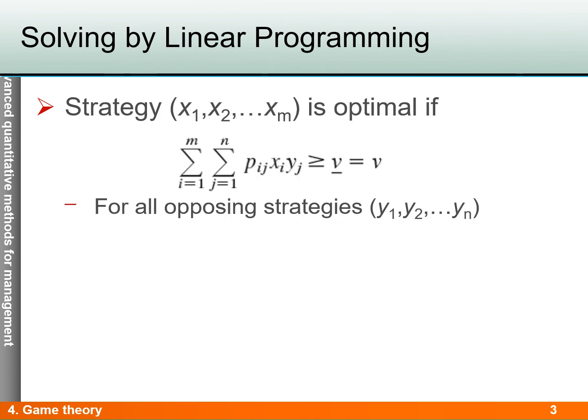Based on those definitions of maximin and minimax, these probabilities for player 1 and these probabilities of player 2 should be defined like this.